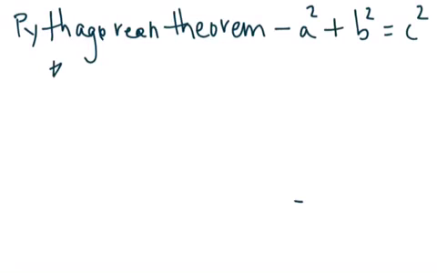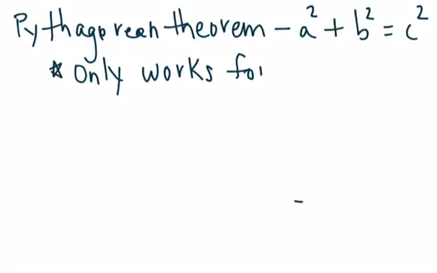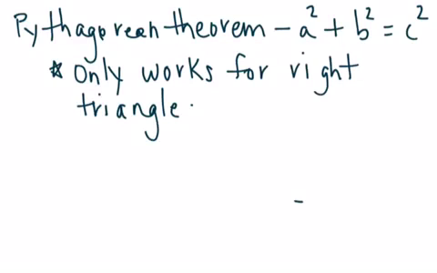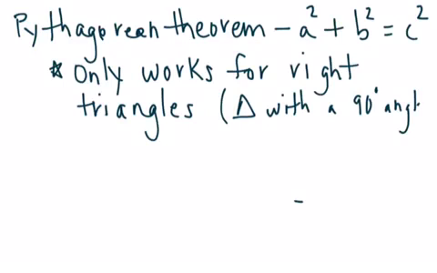Some things to remember about that is this only works for right triangles, which means that it's a triangle with a 90-degree angle. Can't be close, it has to be exactly 90.